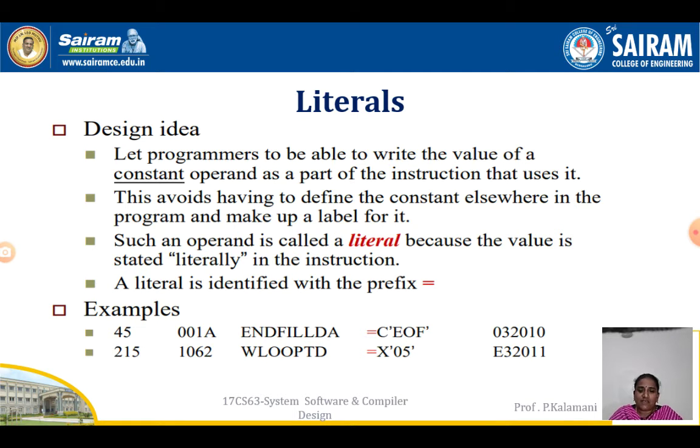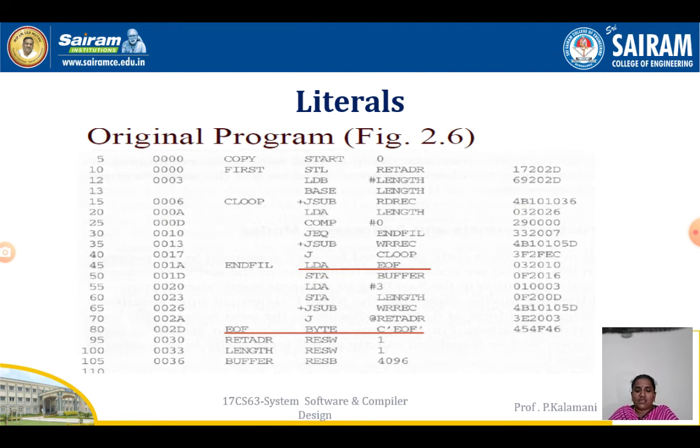Here we have =C'EOF' that represents a literal, a character string EOF. The next one is =X'05', where the equal sign represents a literal, and the next is device number 05. So you should know the literal is specified along with the instruction itself with an equal sign.